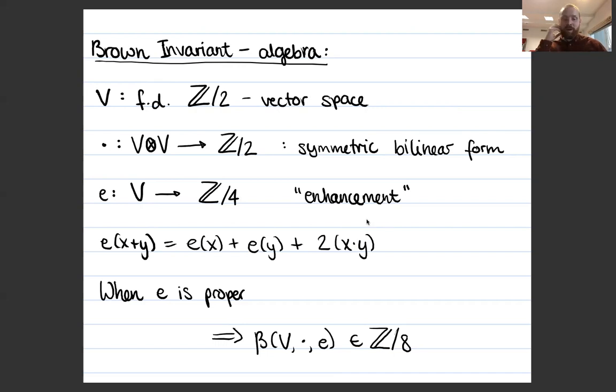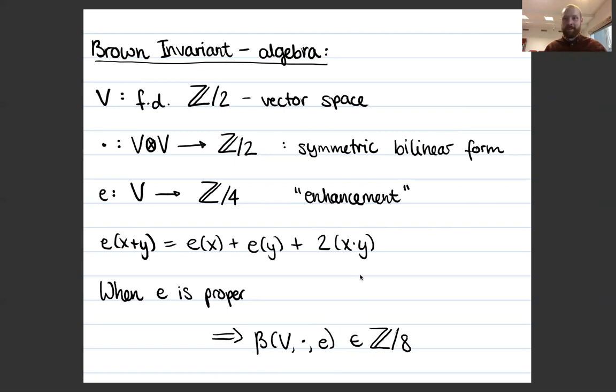In our old case, you can get these enhancements by just taking Z2 to be sitting inside of Z4. That's one source of enhancements, but when you aren't orientable, those won't exist, and you'll have these other enhancements. And when E is proper, so when it vanishes on the radical, then you get this so-called Brown invariant, which is a Z8 valued invariant.